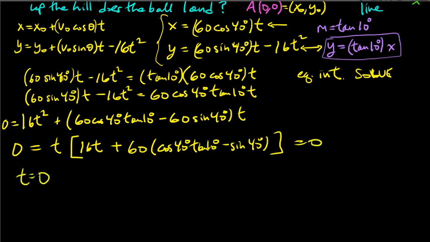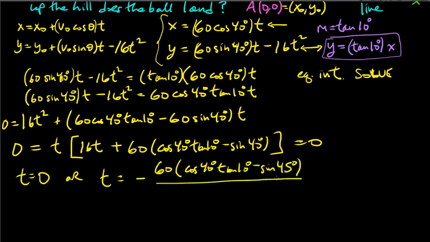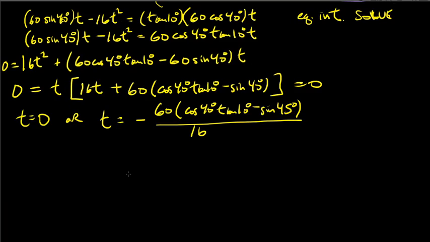We either get t equals 0, or t is going to be negative 60 times this mess here, all divided by 16. And there you go. So that's the exact time.